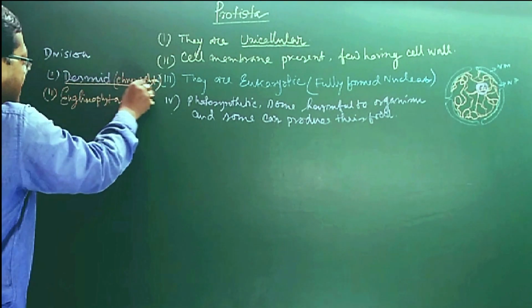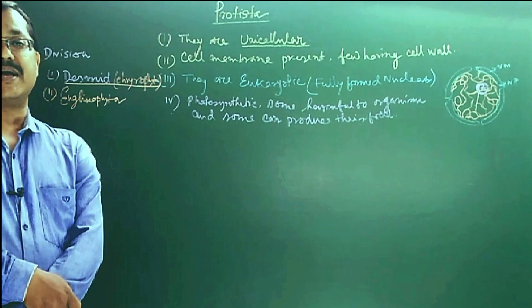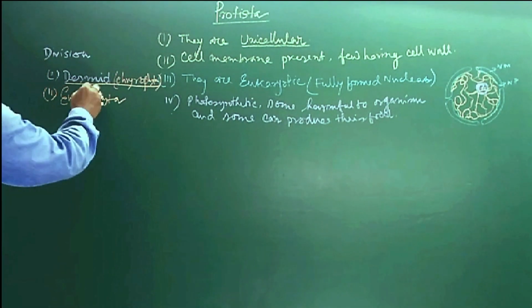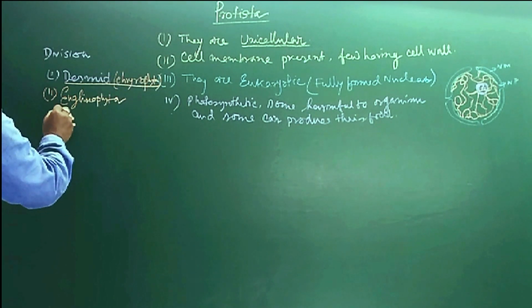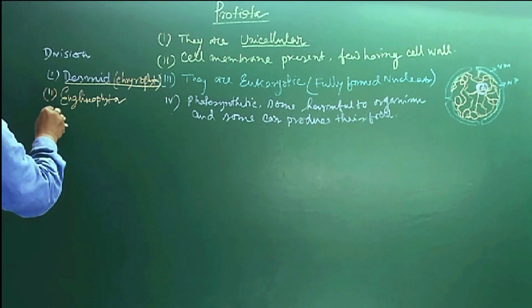Desmid is the most important, predominant phytoplankton found in the sea. Euglenophyta contains Euglena.